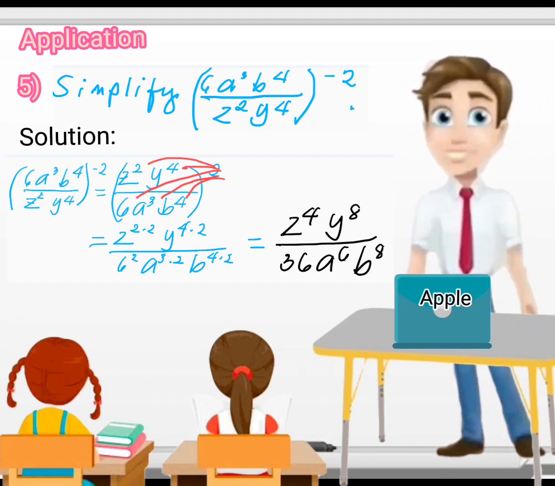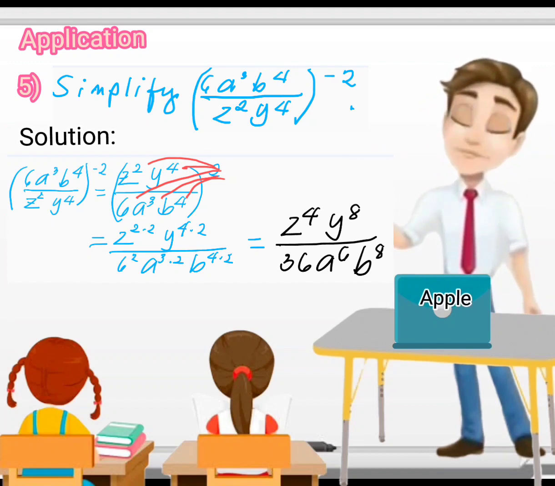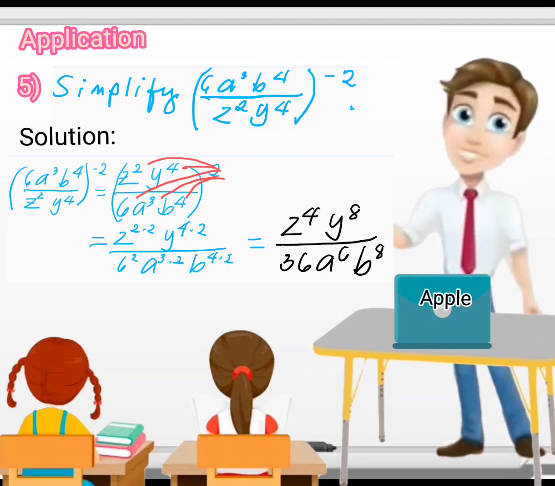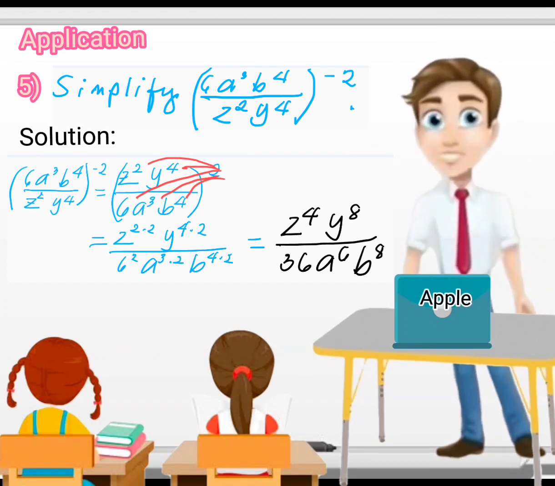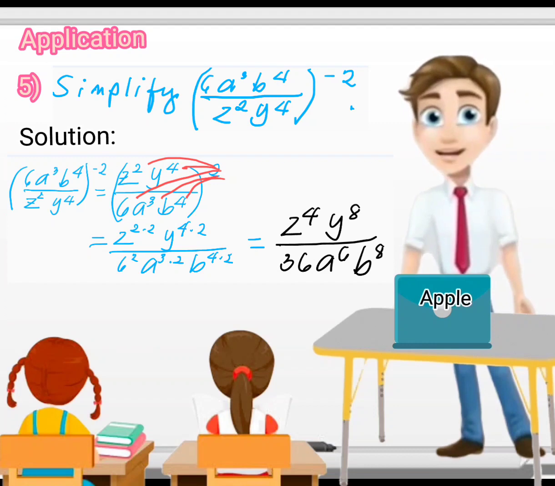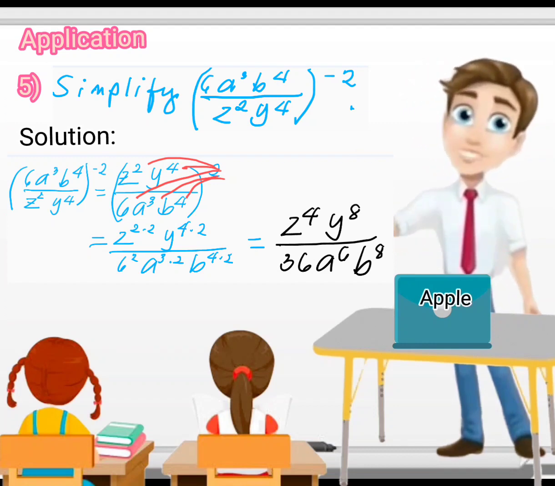So we are going to interchange the numerator and our denominator, then after which we are going to change the sign of our exponent. So 6a cubed b raised to 4 will be moved to the denominator, and z squared y raised to 4 will be moved to the numerator.